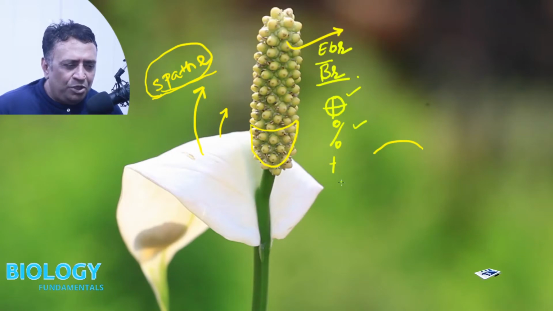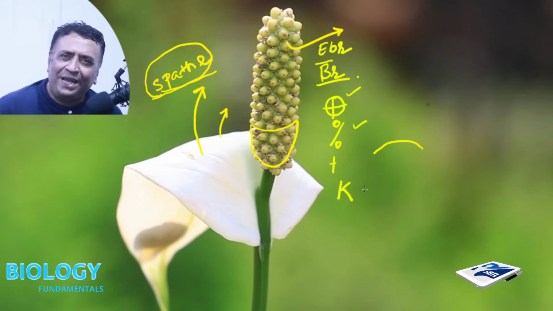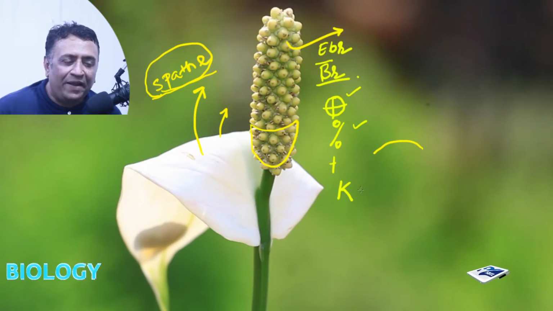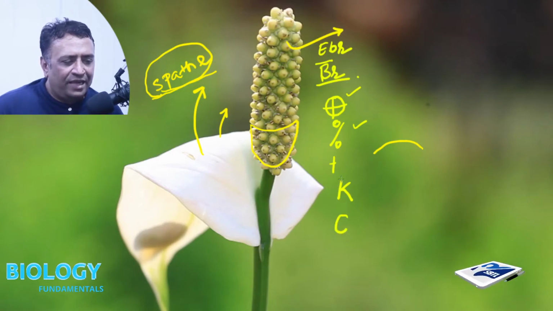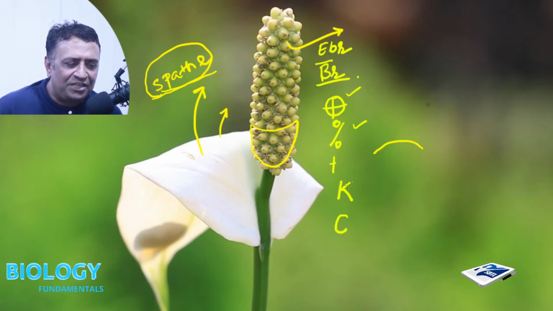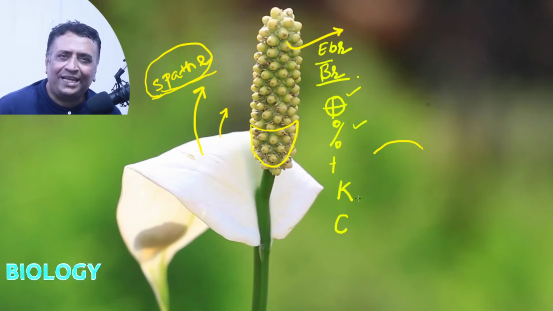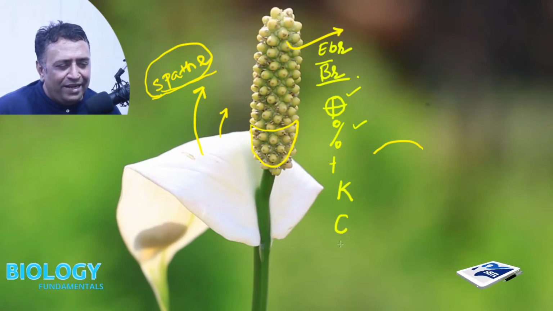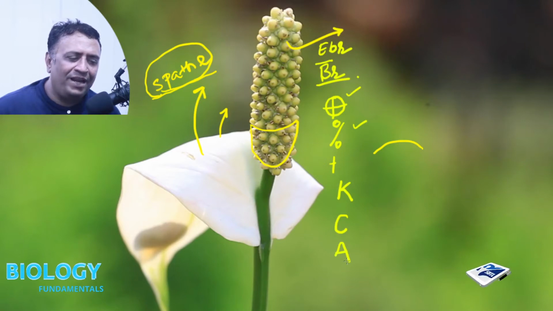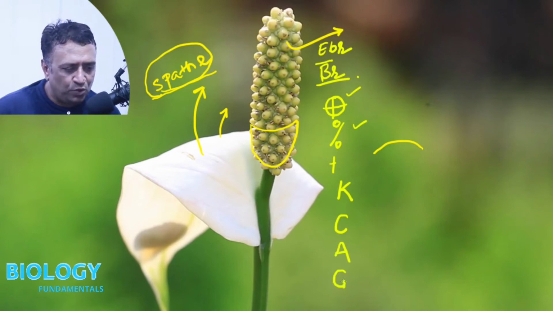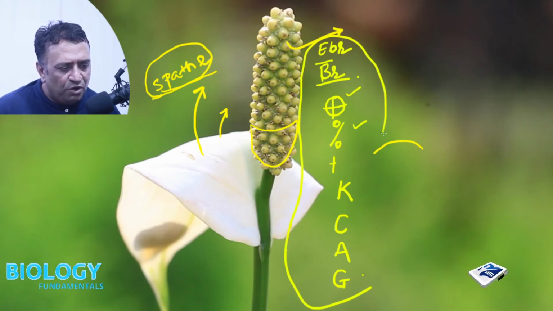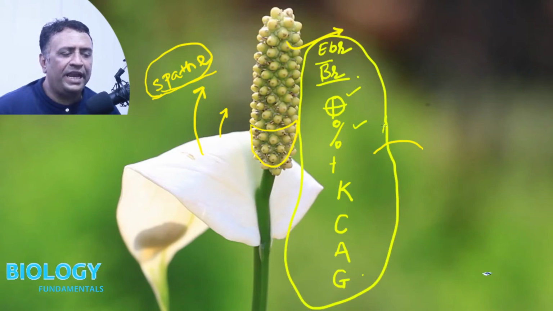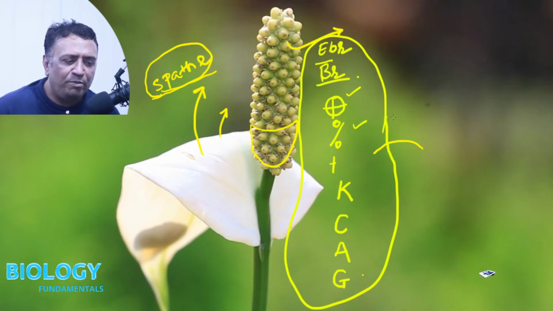Calyx is written by the abbreviation K. Actually, the spelling of calyx does not begin with K, but as we use C for corolla, while representing calyx we use another alphabet, that is K. And while writing androecium, A of course, and while writing gynoecium, we use the symbol G. So these are the basic things which we use while describing any flower in the form of floral formula.